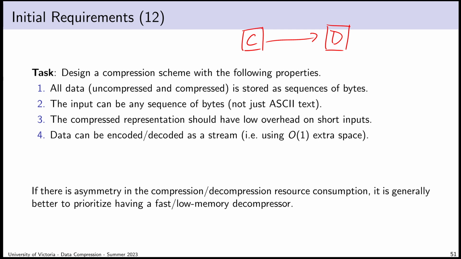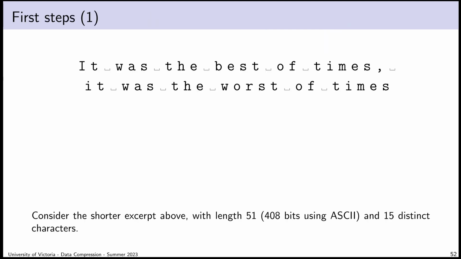Therefore it's a good idea that the decompressor be faster and use less memory, because you might be using the decompressor on average more often than the compressor. That's not really a constraint, I guess. That's something we'll keep in the back of our heads for this semester. In general, you'll discover your decompressors probably are faster than your compressors. Our first few assignments are just writing compressors, though, so we won't worry about decompression that much early on in the course, or implementation of decompression.